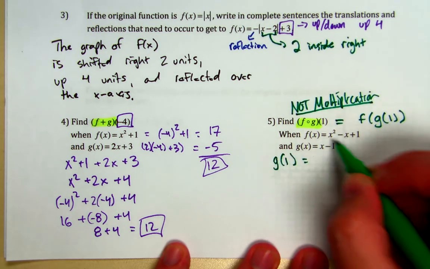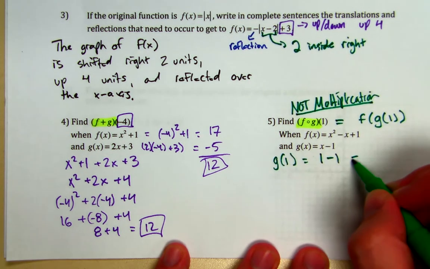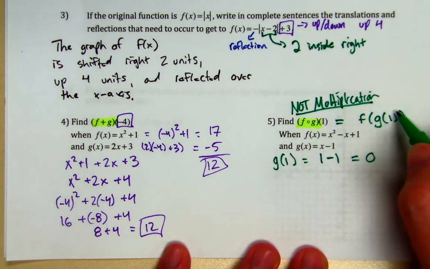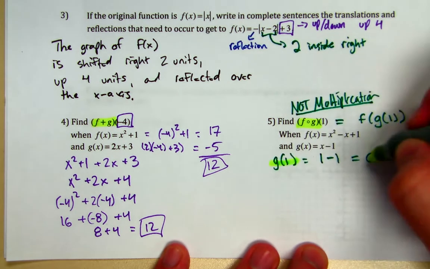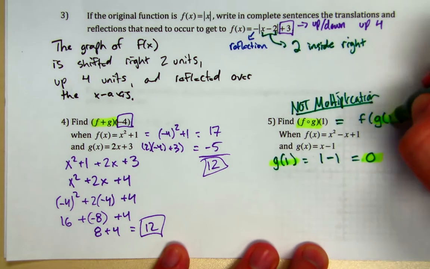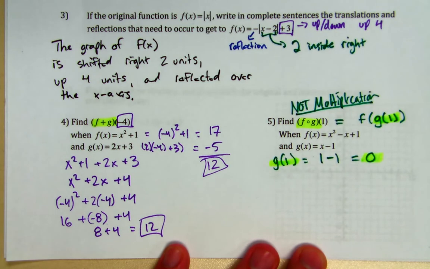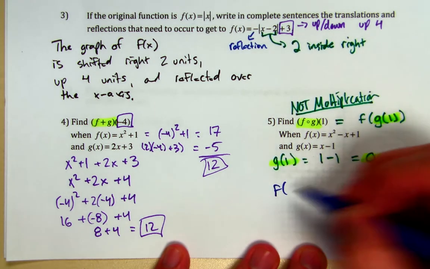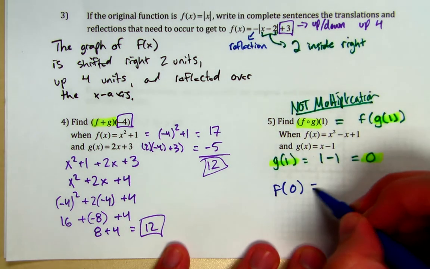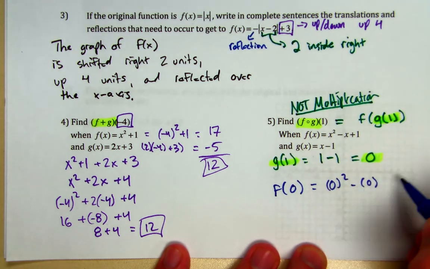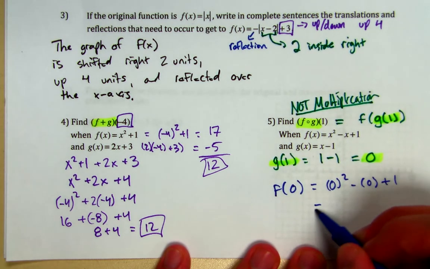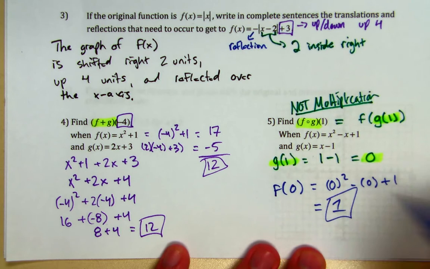G of 1, well, that's 1 minus 1, which is 0. So g of 1 is 0. So take f of, well, 0 now. So that's 0 squared minus 0 plus 1. Well, that just equals 1.